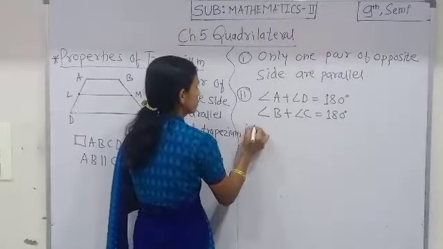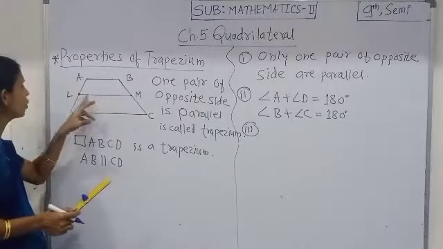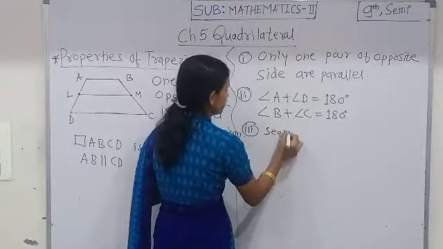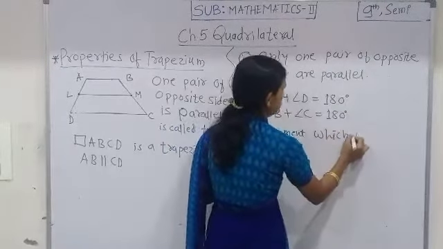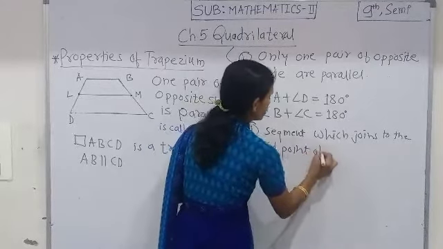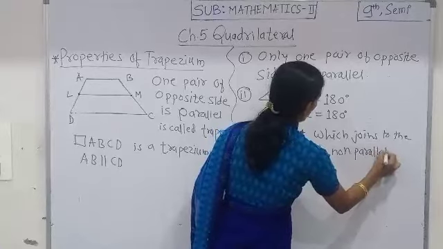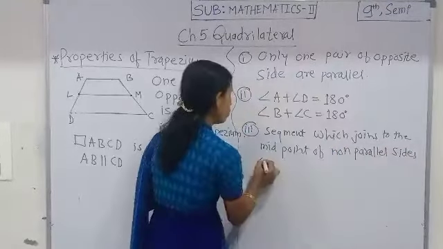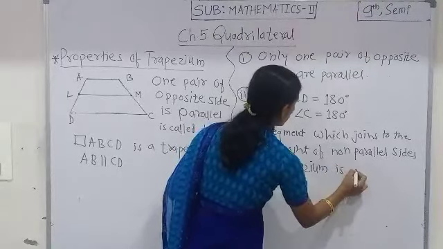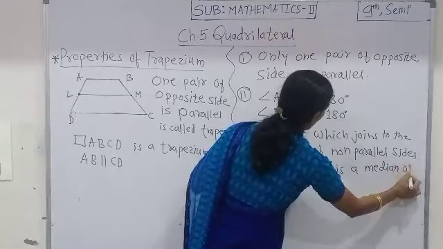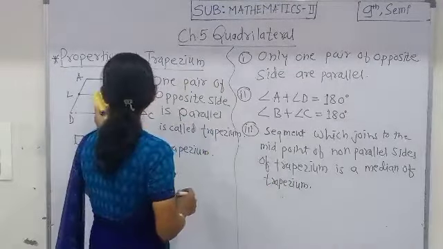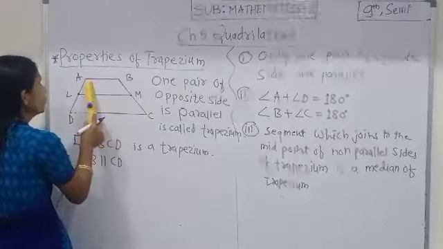The segment which joins the midpoints of the non-parallel sides of a trapezium is known as the median of that trapezium, and it is also parallel to the parallel sides.